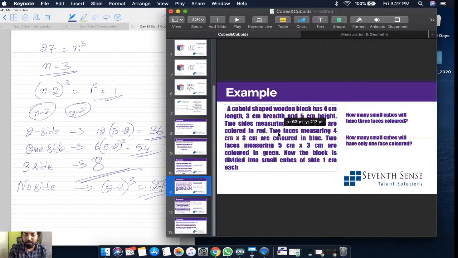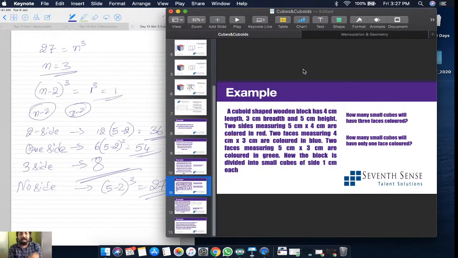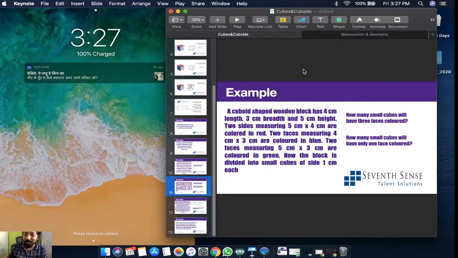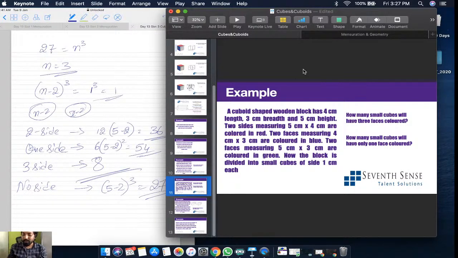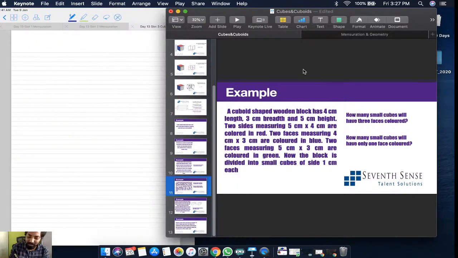A cuboid wooden block has 4 centimeter length, 3 centimeter breadth, and 5 centimeter height. It is a 4 cross 3 cross 5 matrix, instead of x cross y cross z.